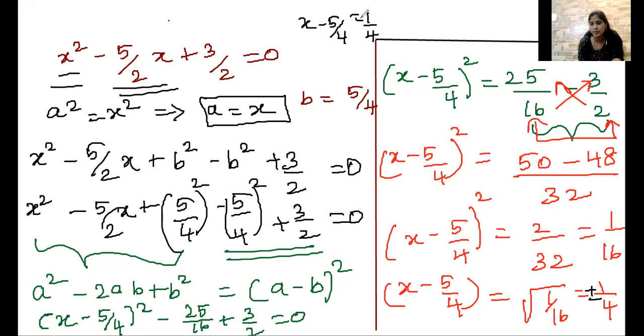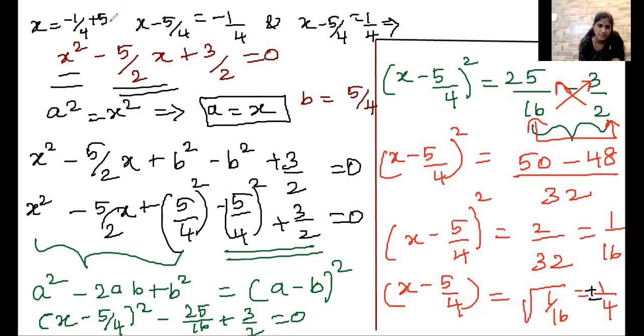So x minus 5 by 4 equal to plus 1 by 4, and x minus 5 by 4 is equal to minus 1 by 4. So we'll be having two solutions. For the first one, you can say x is equal to minus 1 by 4 plus 5 by 4, right? If you simplify this, you'll be having the answer as 4 by 4. So 4 by 4 is 1.